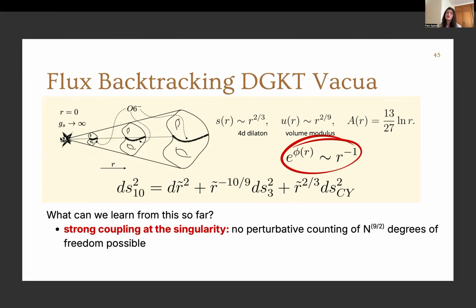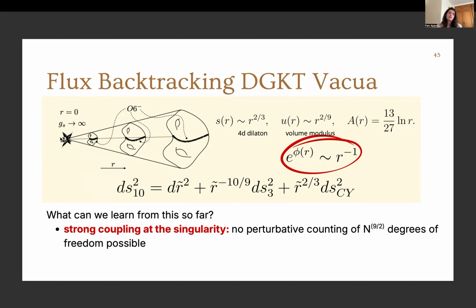So this is different, but it's actually good, because if the CFT duals to the DGKT vacua exist, they should have a central charge, or degrees of freedom, scaling with n as n to the 9 halves, which is very large, and it should not be possible to obtain this with a perturbative counting of degrees of freedom.